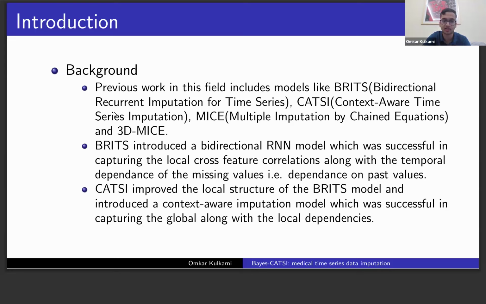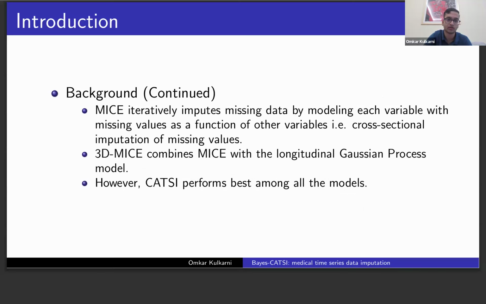CATSI improved the local structure of the BRITS model and introduced a context-aware imputation model, which was successful in capturing the global along with the local dependencies. Now MICE iteratively imputes missing data by modeling each variable with missing values as a function of other variables.